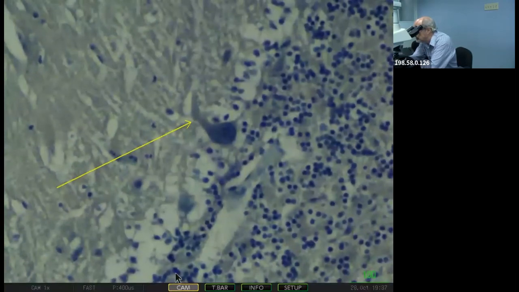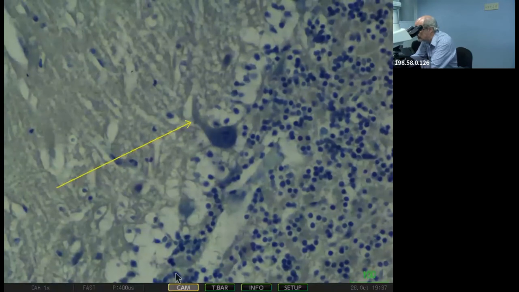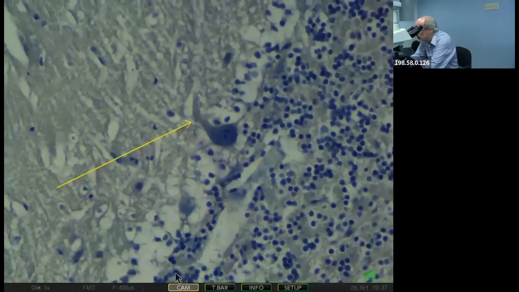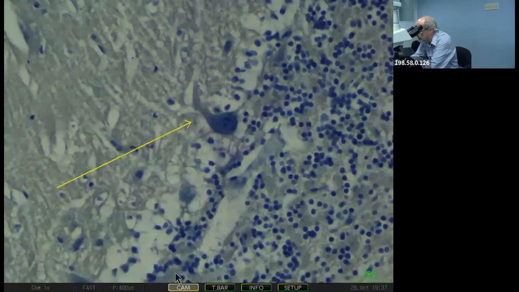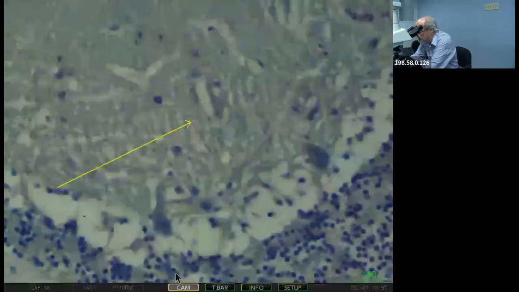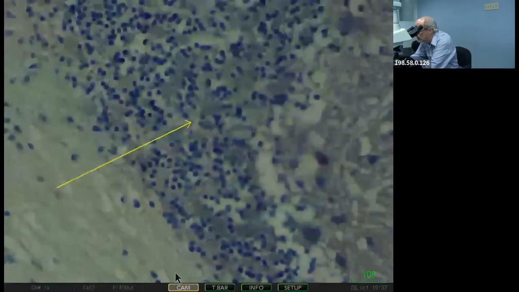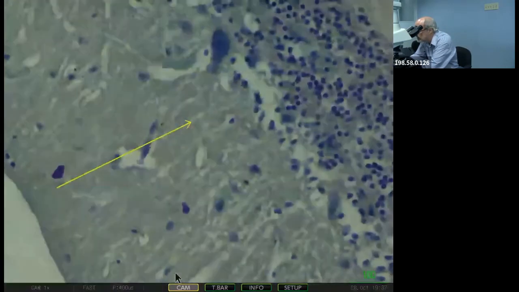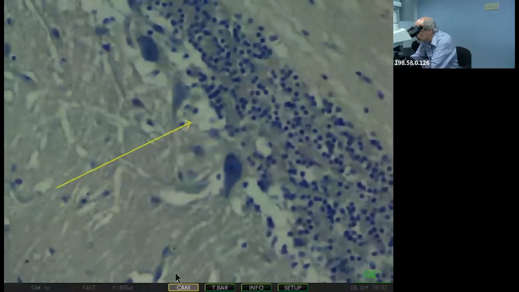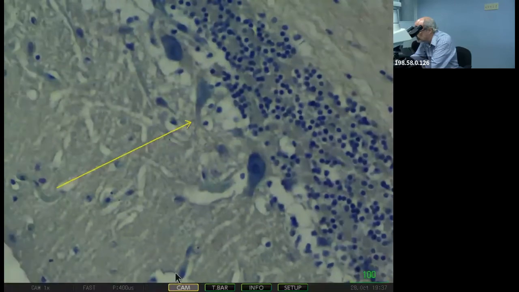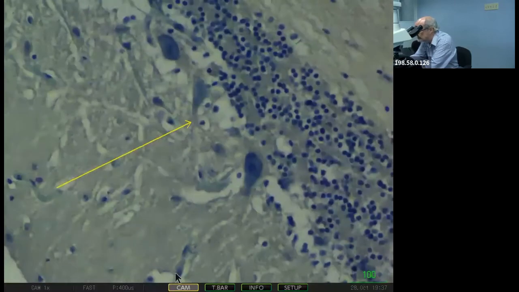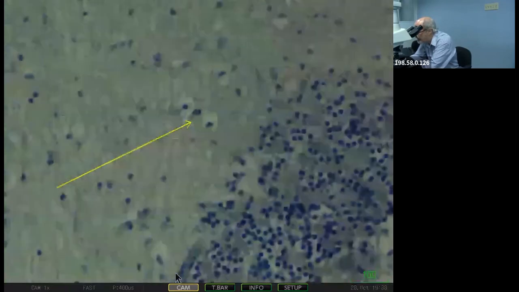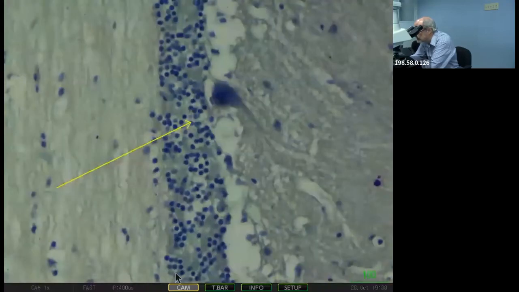Okay, so here you see the dendrite, the dendritic tree, with two branches. Okay, this one might be a little bit better. Here also you see the dendrite, and here again, you see the dendrite at the top, at the apex.